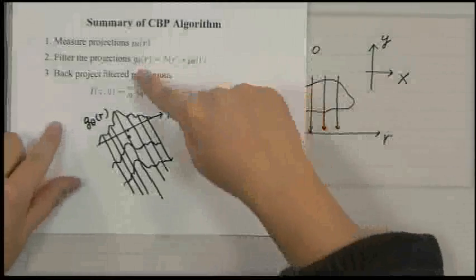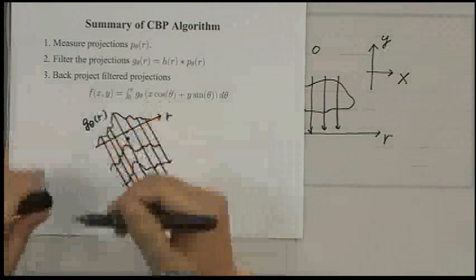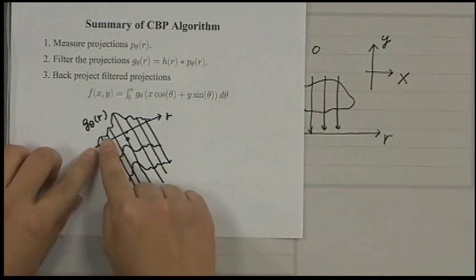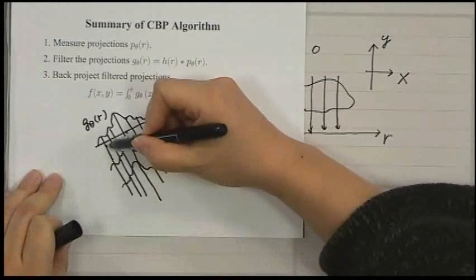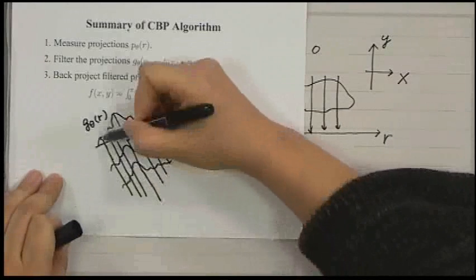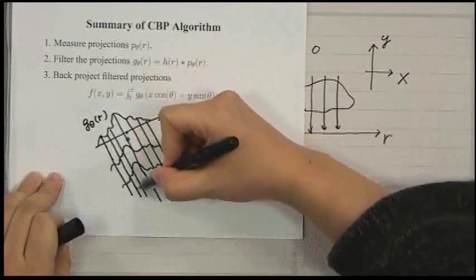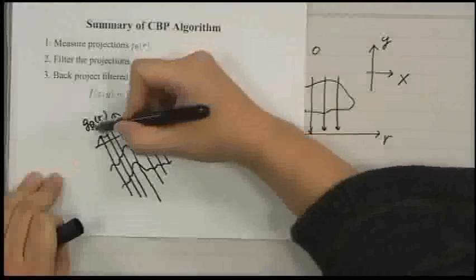Okay, we have this function for some theta, and then for example, this line, all of the points on this line take this value. All of the points on this line take this value on g theta r.